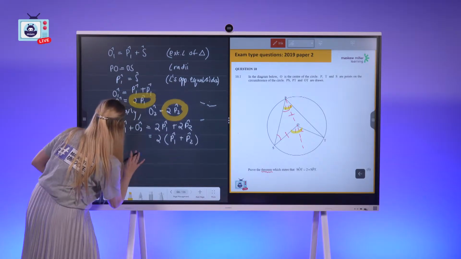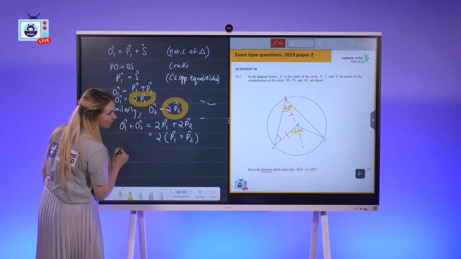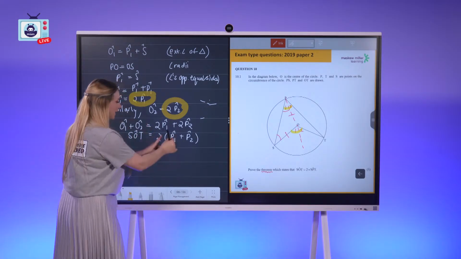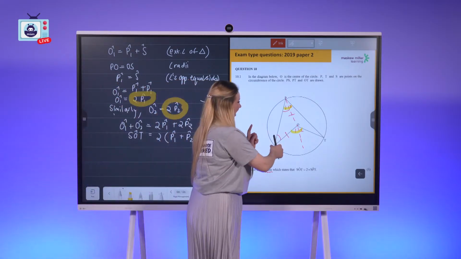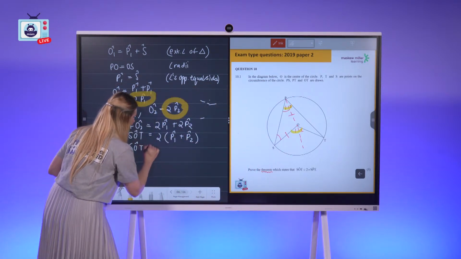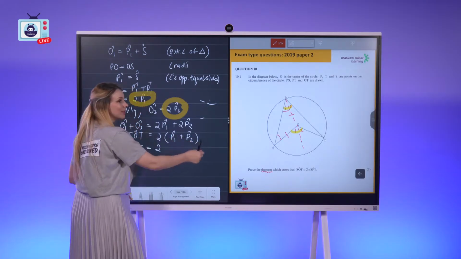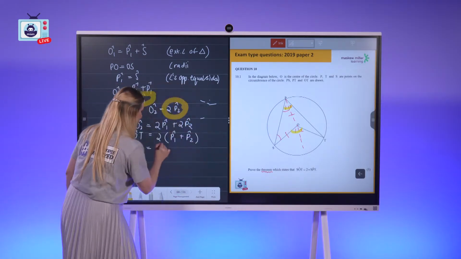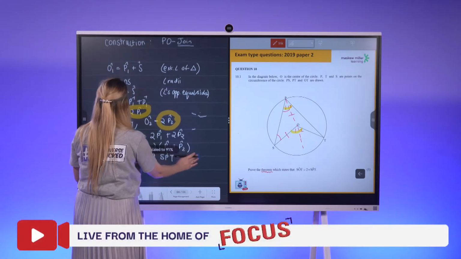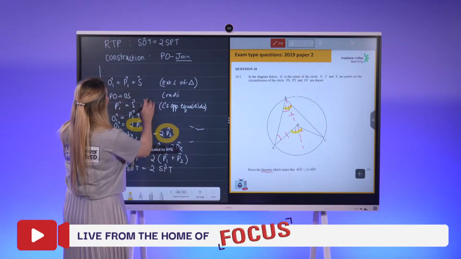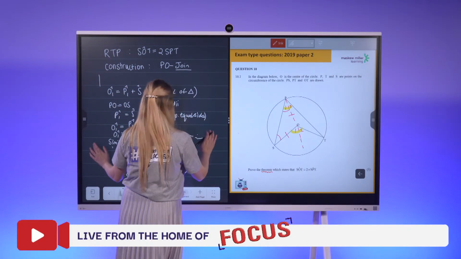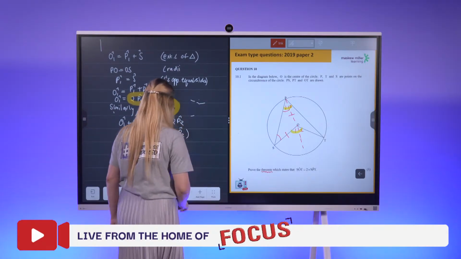But remember, O1 plus O2 is actually SOT, and P1 plus P2 is actually SPT. So let's replace that. SOT is equal to 2 times SPT, and that is exactly what we were asked to prove right in the beginning, required to prove that SOT is equal to 2 times SPT.